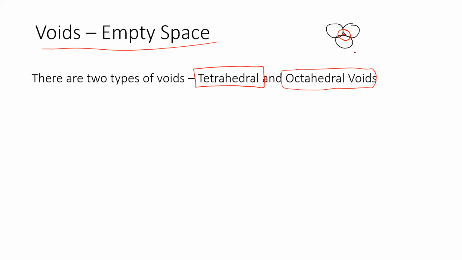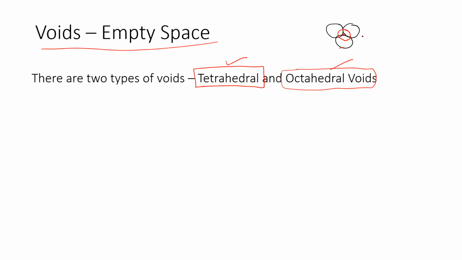Suppose you have taken 3 balls in your hand; they will be arranged in a triangle. If you place one more ball on the top, the empty space between the 3 atoms is reduced because one atom occupies some space. So between those 4 atoms, a tetrahedron is formed. That is what will be called tetrahedral voids.